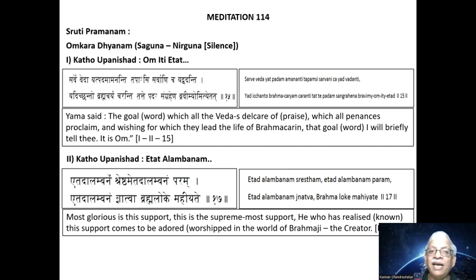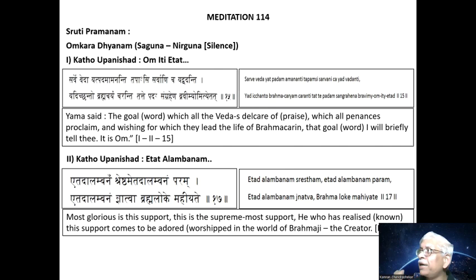Next. Etat Alambanam. Katho Upanishad again. It is the glorious support of the Supreme, and the one who has realized it adores this Om. What does it say here?